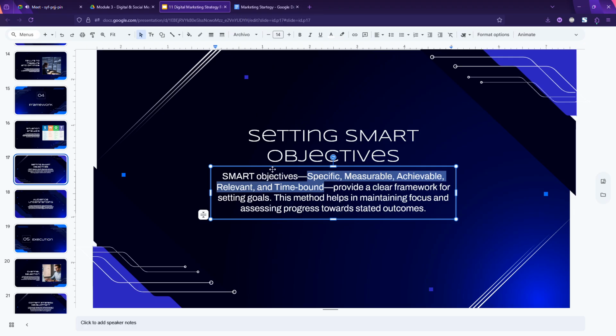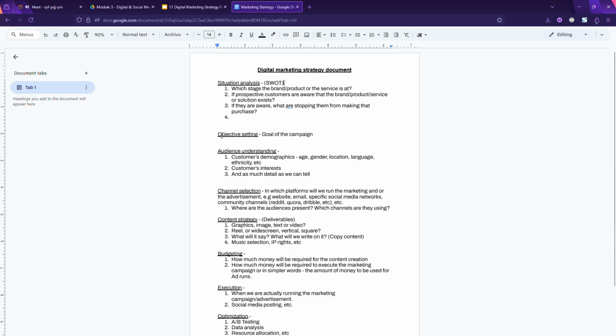So objective setting can be SMART, or there can be KPIs as well, like key performance indicators. Even this is very common and mostly used.